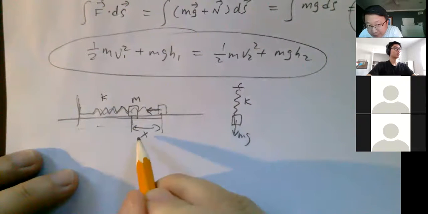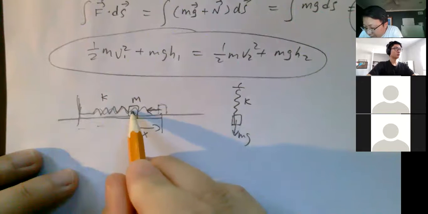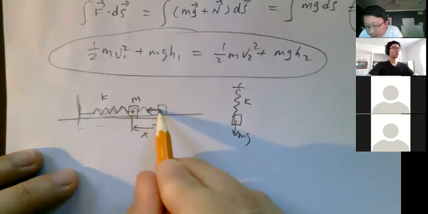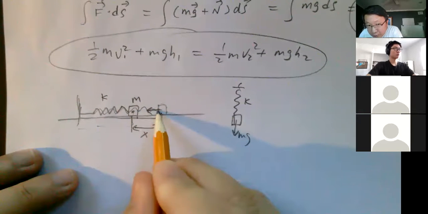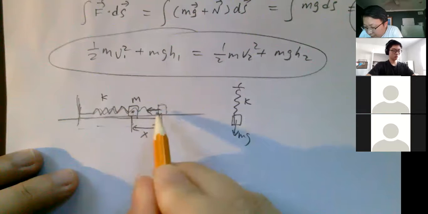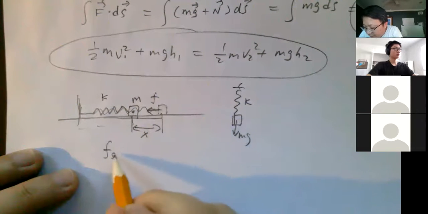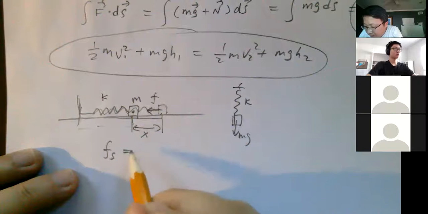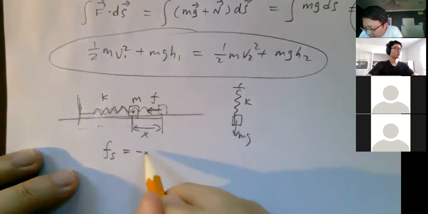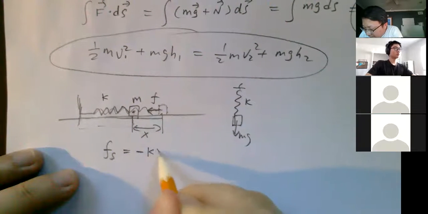As a spring, the basic is when you move away from the static position, the force pulls you back. This is the spring force. How to write this one? This is an empirical formula. It's basically kx.